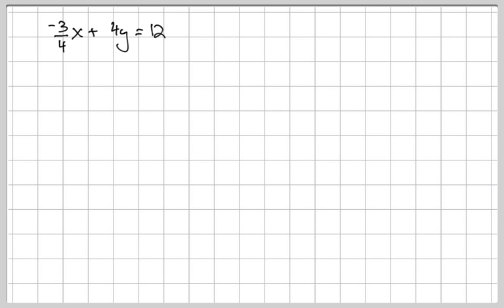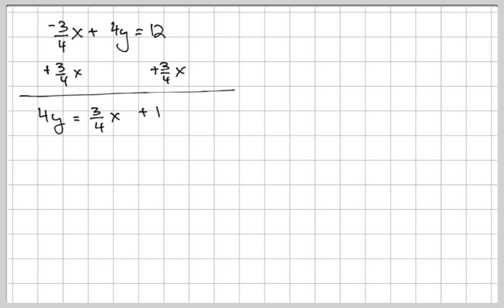What's the first step? We have to add 3/4 x. I like it. 4y equals 3/4 x plus 12.